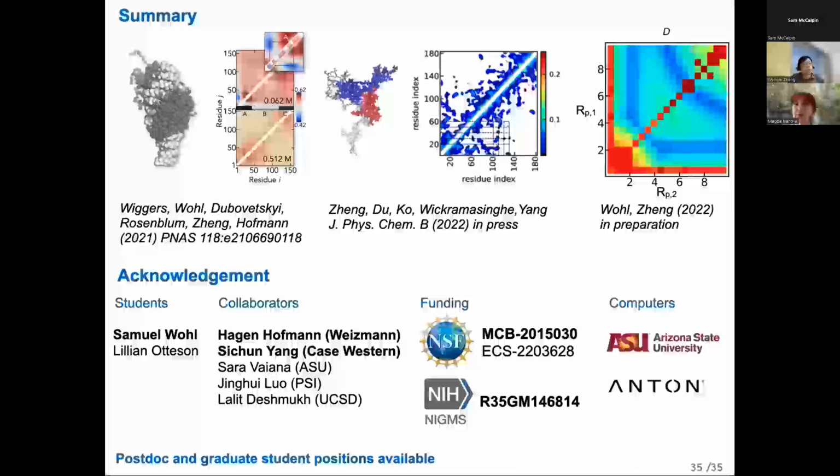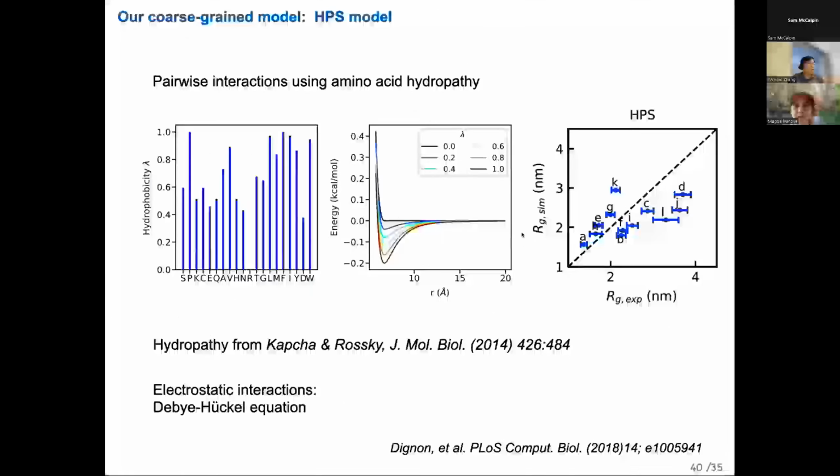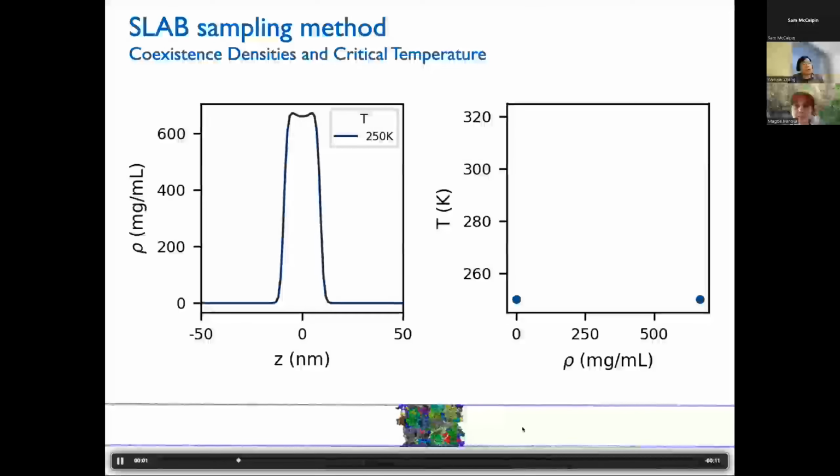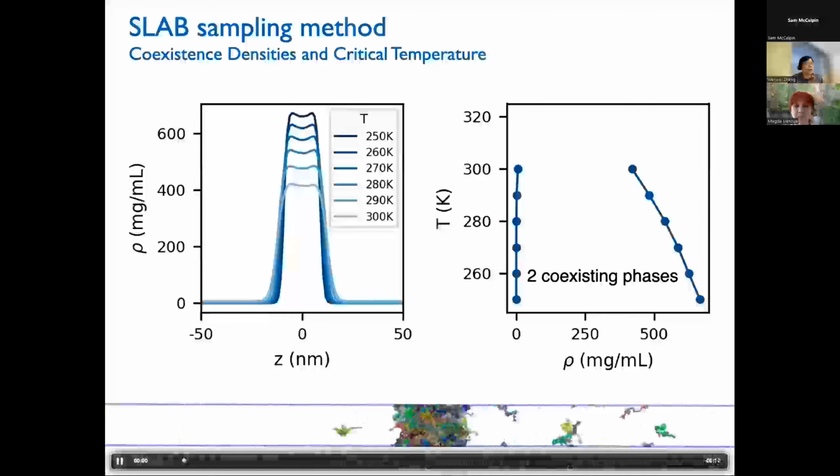Yes, for phase separation, usually there's no nucleation in our case. It's an equilibrium where you directly have the coexistence of the two phases. Yes, we can simulate that. The way that we simulate is we use coexistence simulations, where we have a slab in the middle of the simulation.